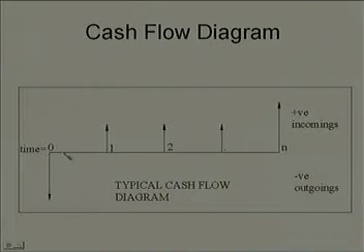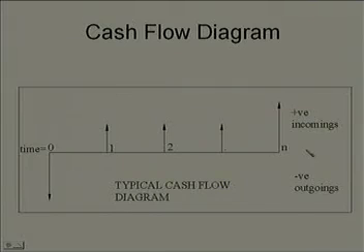Now, you can also notice a few things here in the slide itself. If you look at the slide, please, we have time t is equal to 0, then t is equal to 1, 2, 3 and so on. It could be for n periods.